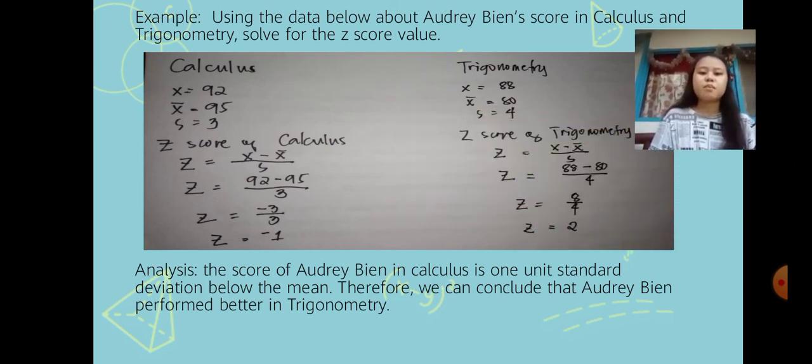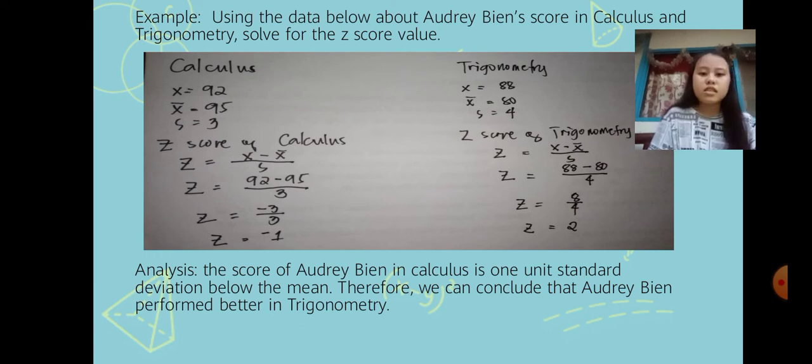For example, using the data below about Audrebien's scores in calculus and trigonometry, solve for the z-score value. Here we are going to find out in which subject, calculus or trigonometry, Audrebien has the higher score, by using the z-score formula. Audrebien's score in calculus is 92, with a mean of 95 and a standard deviation of 3.